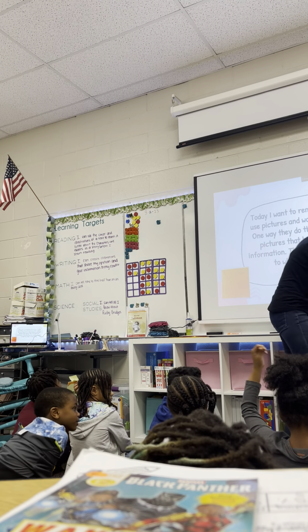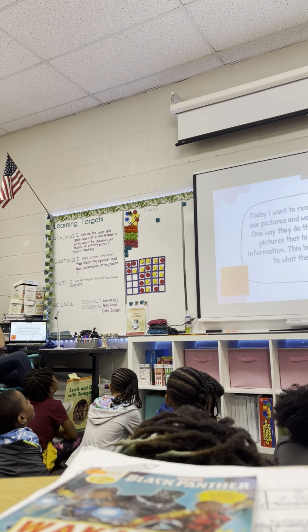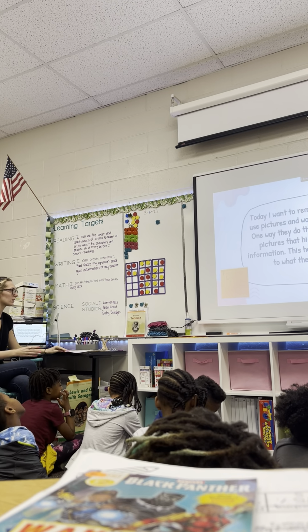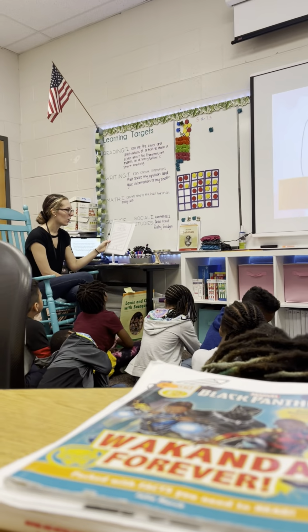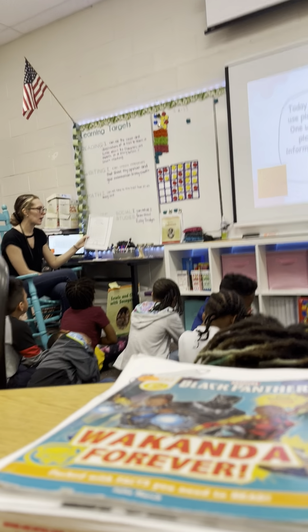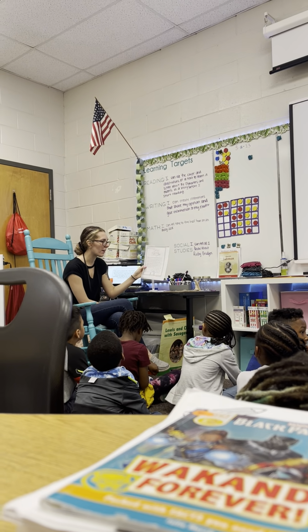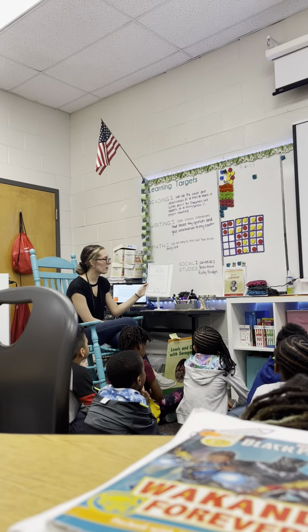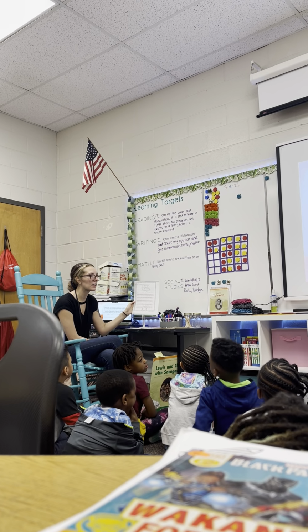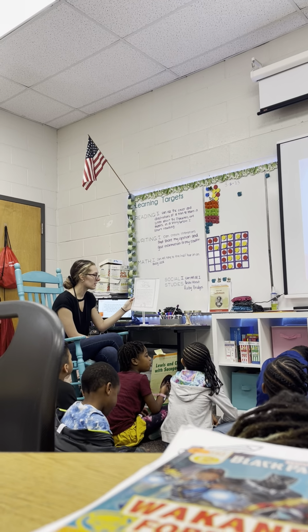So, I'm going to read you my story and refresh your memory of what I think about Ruby Bridges. I said, have you ever thought about who the bravest person in the world is? Or have you ever thought about how different schools used to be? Well, even if you haven't, this book will teach you all about it. In my opinion, Ruby Bridges is the bravest person in the entire world. There are many reasons why I believe this.